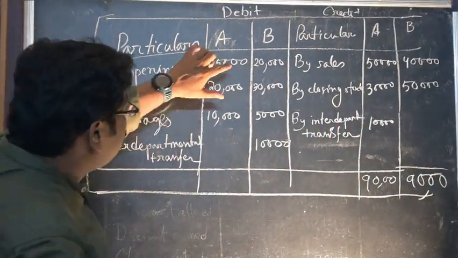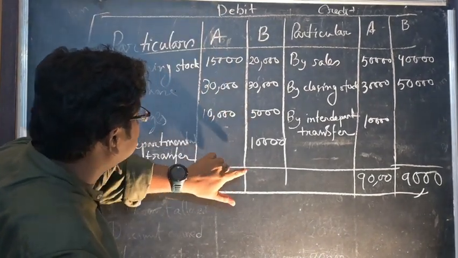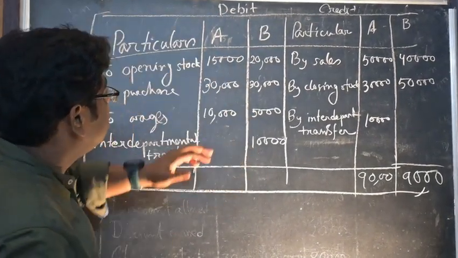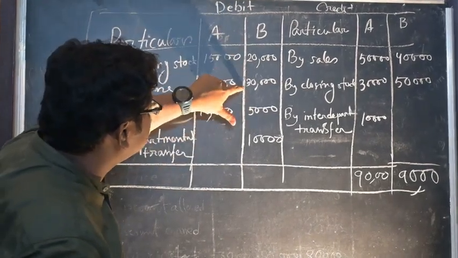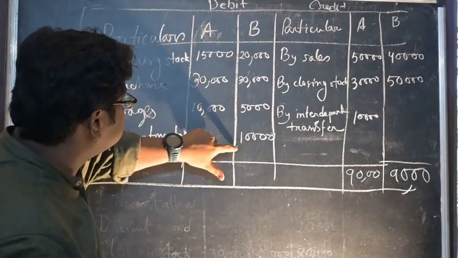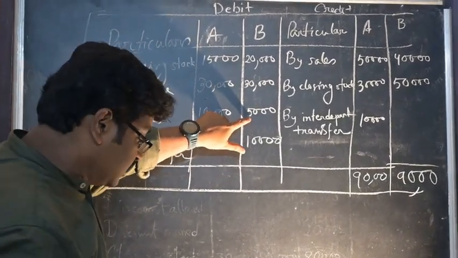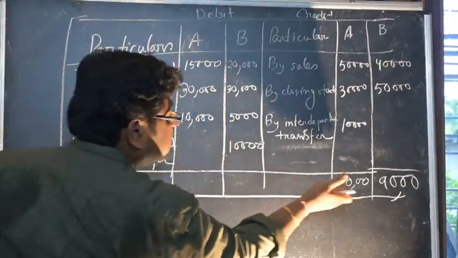Now if you add these numbers, 30,000, 5,000 and 10,000, then this number, 50,000 and 60,000, that is 65,000, is less than this.